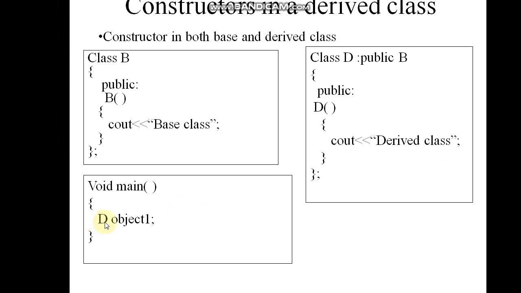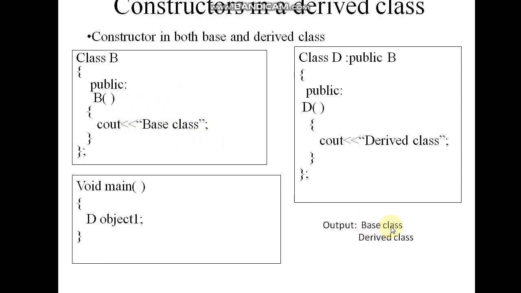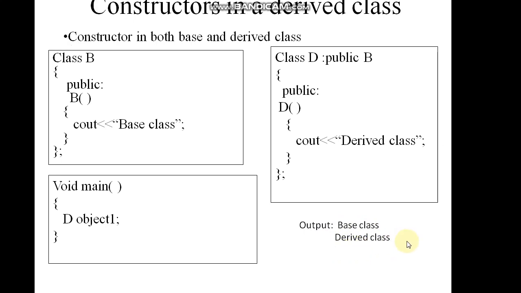When we create an object of the derived class D, compiler will call the constructor in the base class first. It's a default constructor, so it's not taking any parameters. It displays base class first. Then the derived class constructor is called.